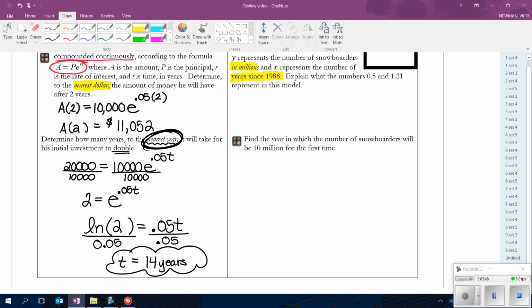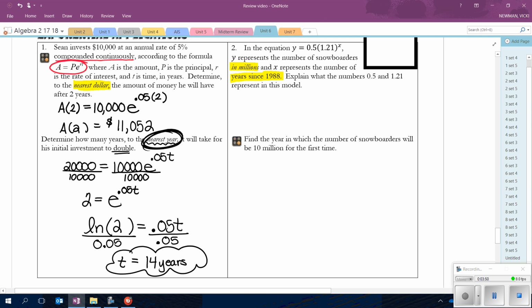Well, we've done enough of these at this point that we know the number out front is the initial population, the initial amount, the initial whatever. So 0.5, well, you can't have 0.5 snowboarders, but the population is in millions. So it's an initial 500,000 snowboarders.